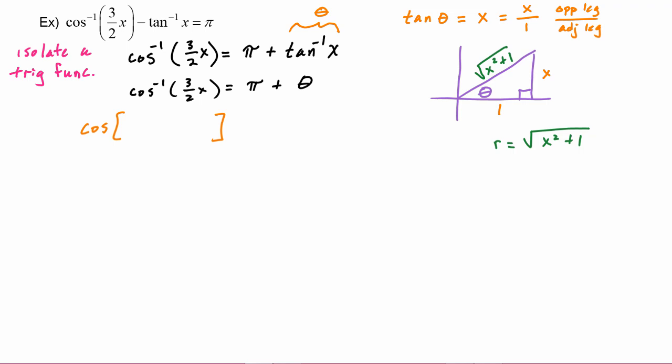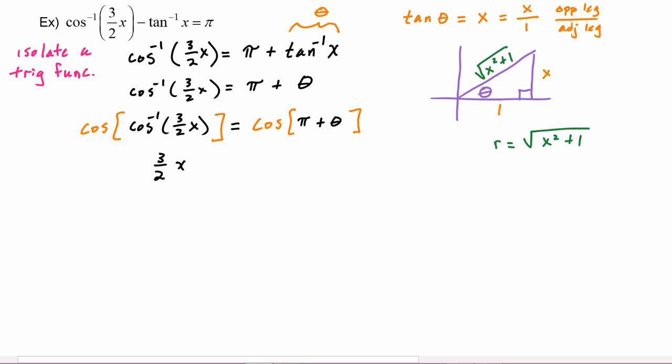So we will take the cosine of the cosine inverse of 3/2 x equals the cosine of the entire right side, which is pi plus theta. Now on the left-hand side, cosine of cosine inverse undoes each other, and we are left with 3/2 x.